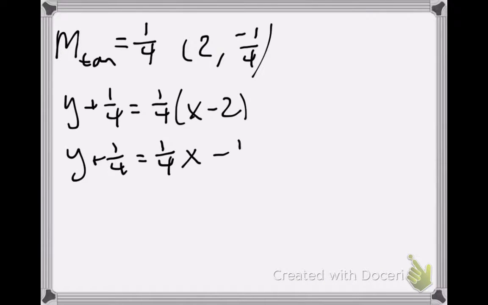We'll distribute the 1/4 in. We'll bring the 1/4 from the left over, and in slope-intercept form, the tangent line through the function x minus 4 over x squared plus 4 at 2 comma negative 1/4 is going to have an equation of y equals 1/4 x minus 3/4. So that's tangent lines.